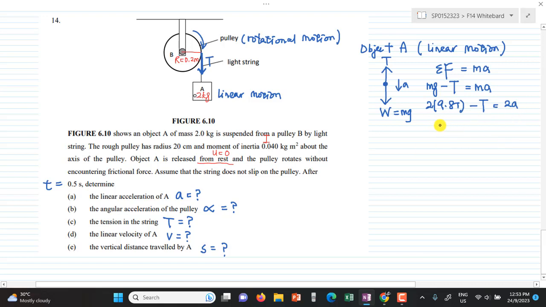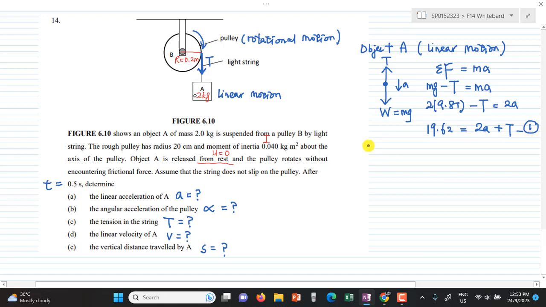So I put it as my first equation: 2 times 9.81, it will be 19.62, equal to 2a plus T. I move the negative T to the right side so it becomes positive T. I cannot solve the question yet because a is unknown and tension is unknown.